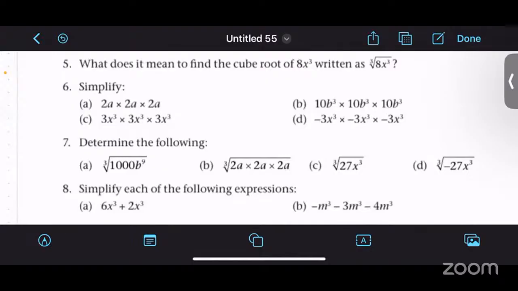What does it mean to find a cube root of 8x to the power of 3, written as the cube root of 8x to the power of 3? What does it mean?